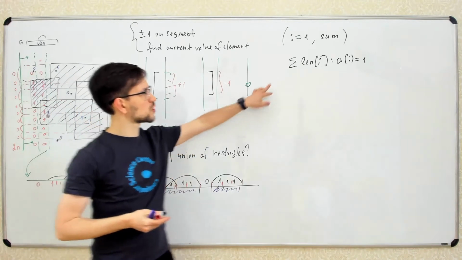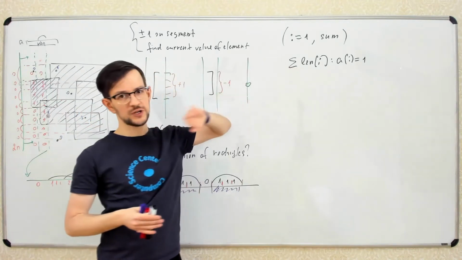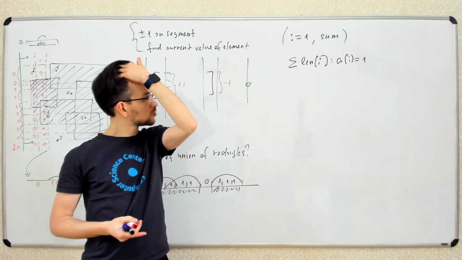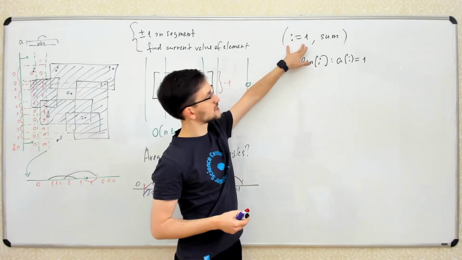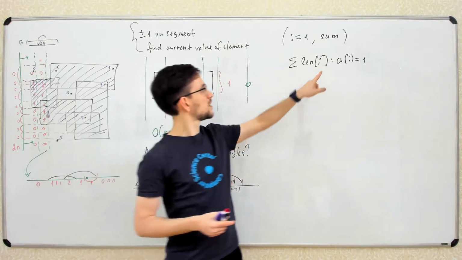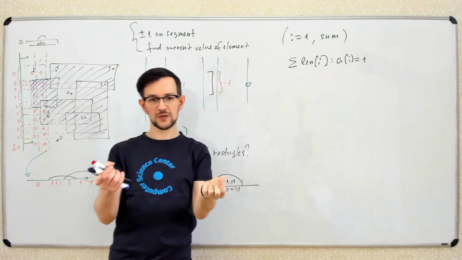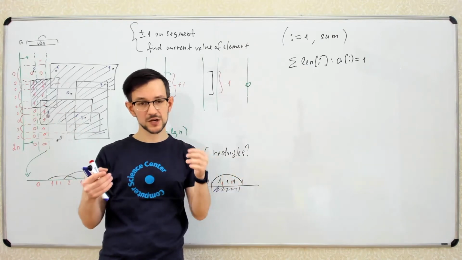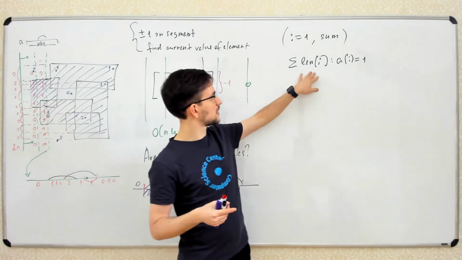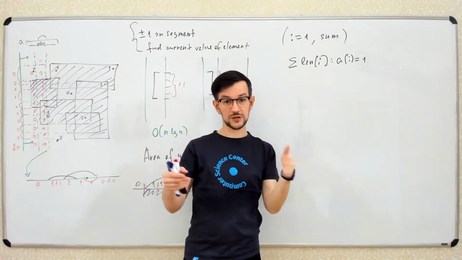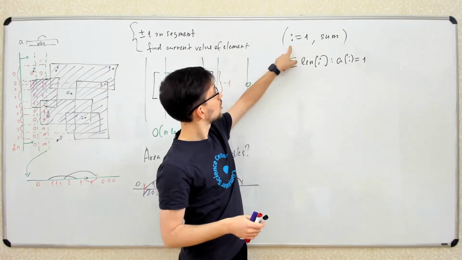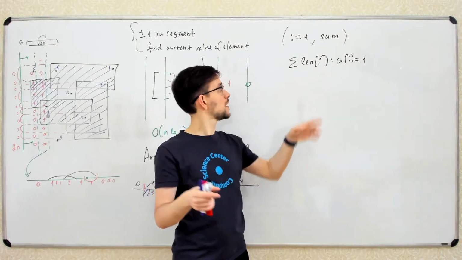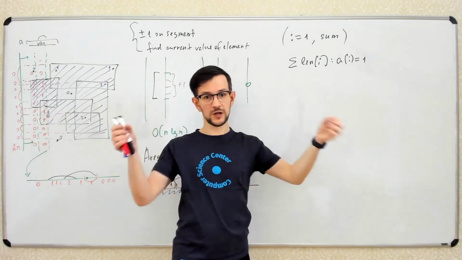You can make this function in your segment tree with no big difference. Just when you apply operation assign one to the segment, then this sum will be equal to the sum of lengths of all segments in your subtree. So you just maintain the sum of all segments in your subtree. It's simple. And when you make assignment operation to your segment, you make this sum equal to the total length of your segment.